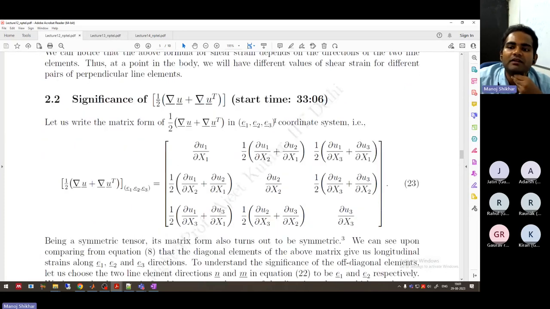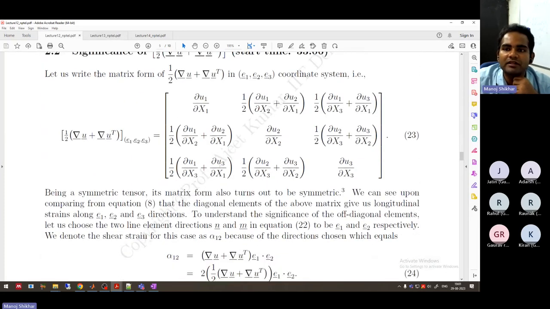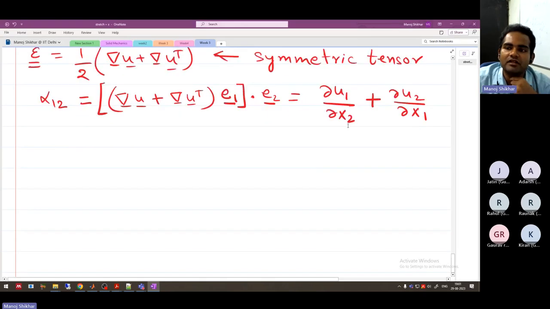If you look at the matrix form of epsilon, the strain tensor, you can see here it is 1 by 2 del u1 by del x2 plus del u2 by del x1.